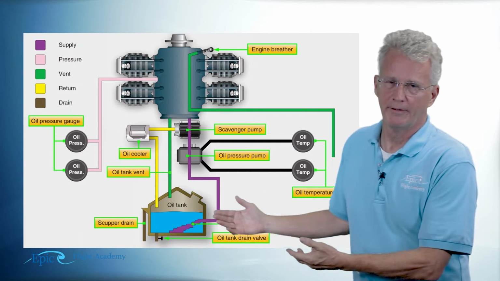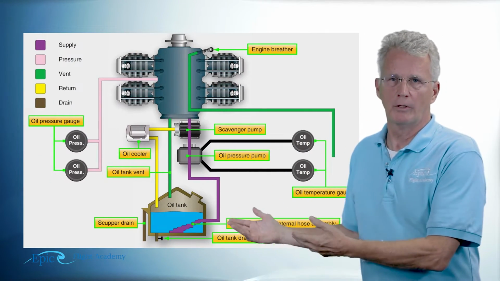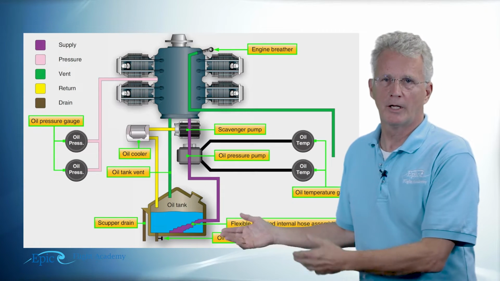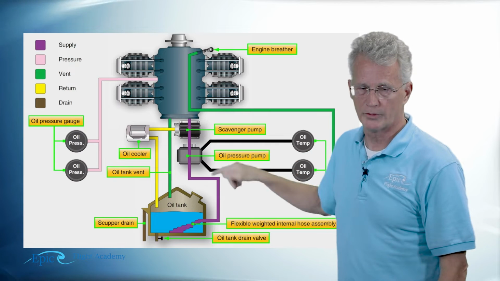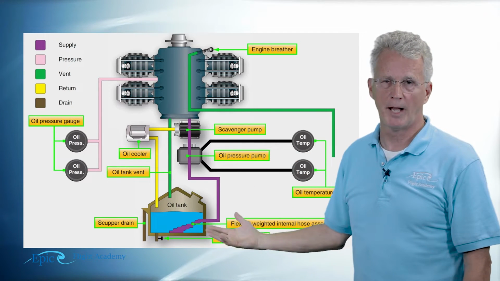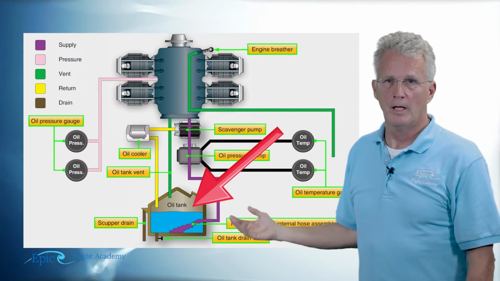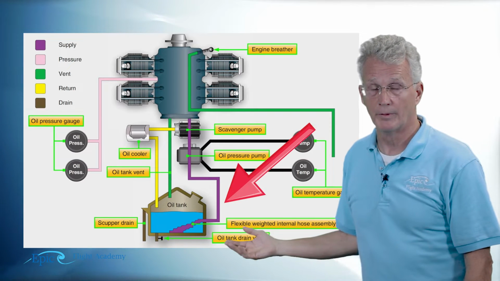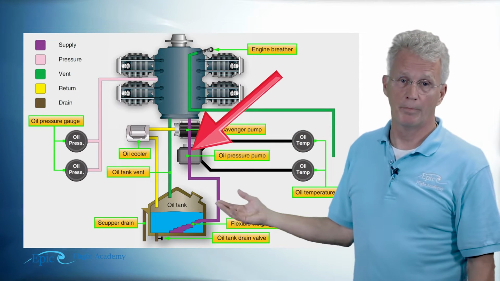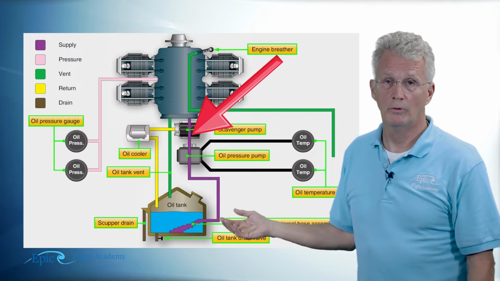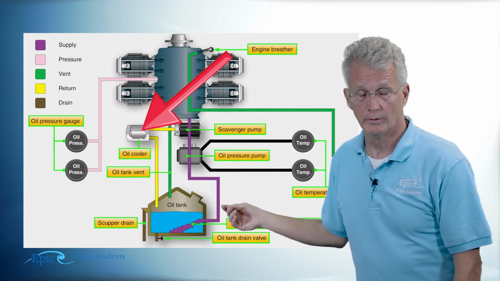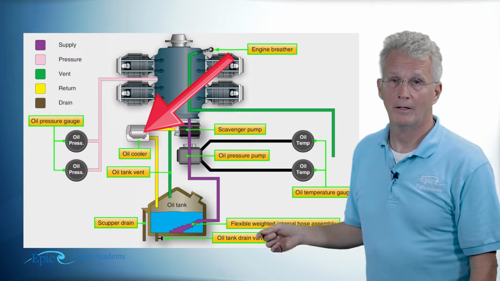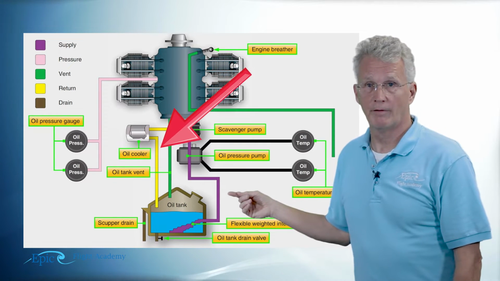Now here we have a depiction of the oil system. And I want you to understand this is a bird's eye view. You see the propeller up here at the top and the 4 cylinders. Depicted at the bottom here is the sump. The oil travels from the sump by way of the pump to the filter, and then an oil cooler, and then through a relief valve.